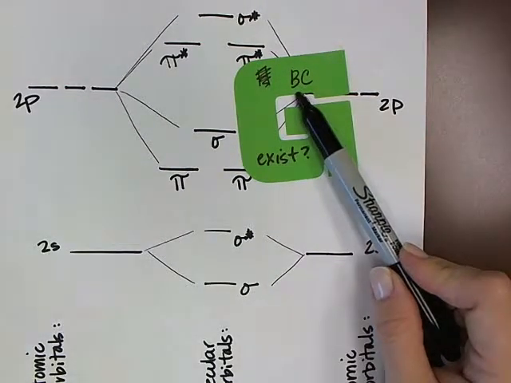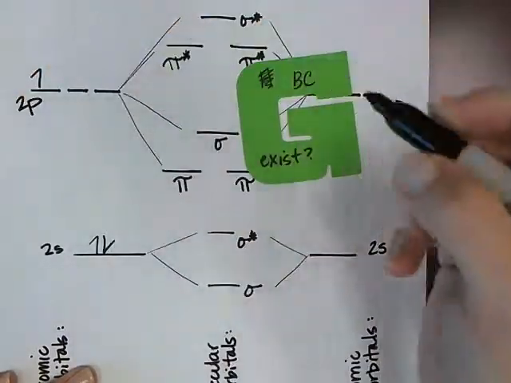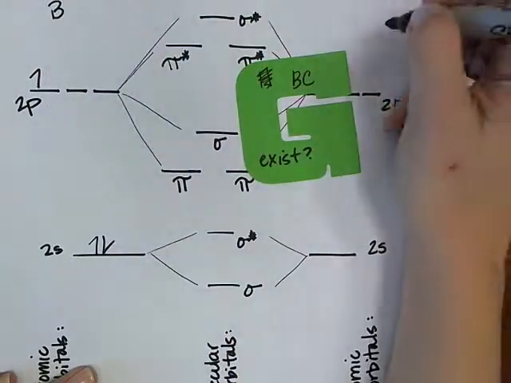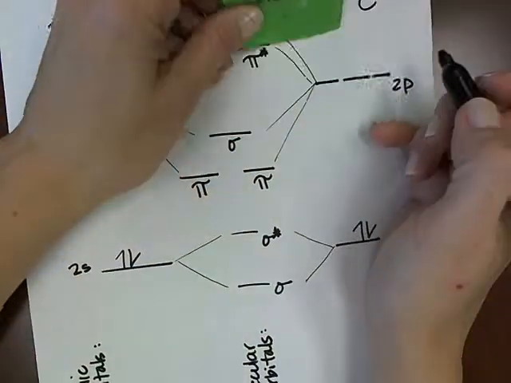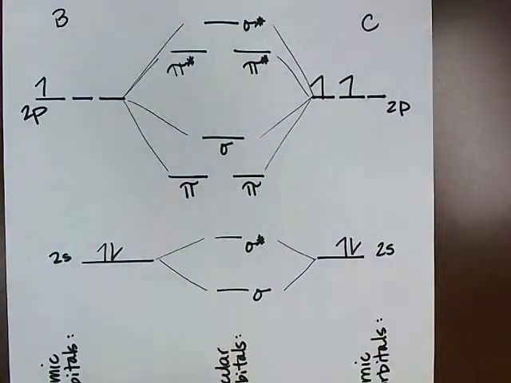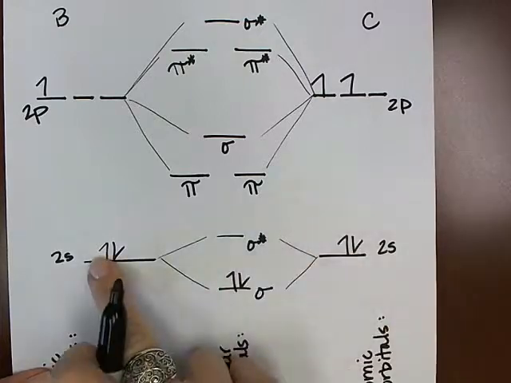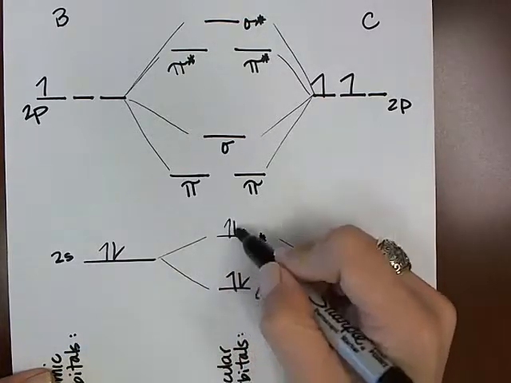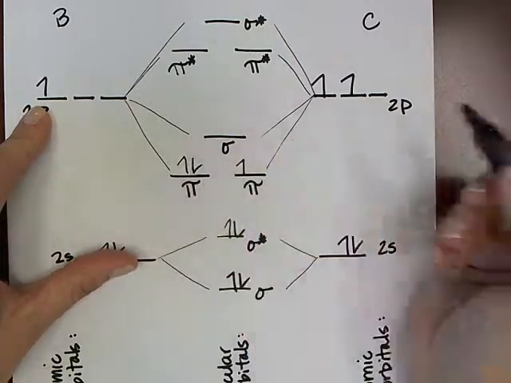And so we can do the same thing. Boron is 2s2, 2p1. So this is my boron side, and this is carbon. 2s2, 2p2. And then we fill them in accordingly. 4 electrons will go here, 1, 2, 3, 4, and then 3 electrons here, 1, 2, 3.